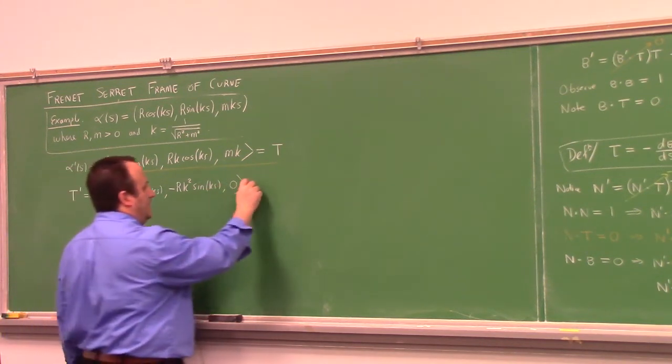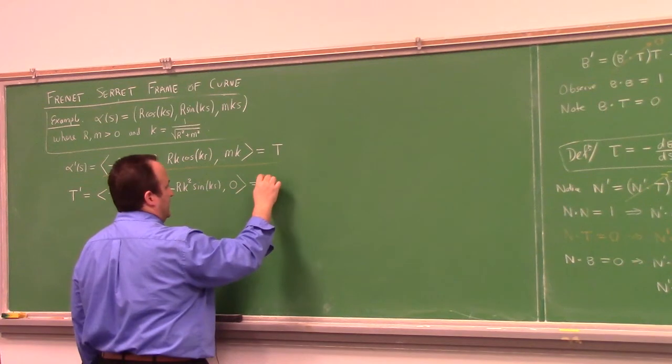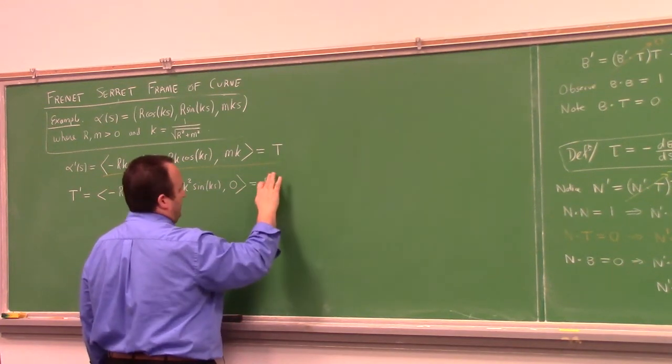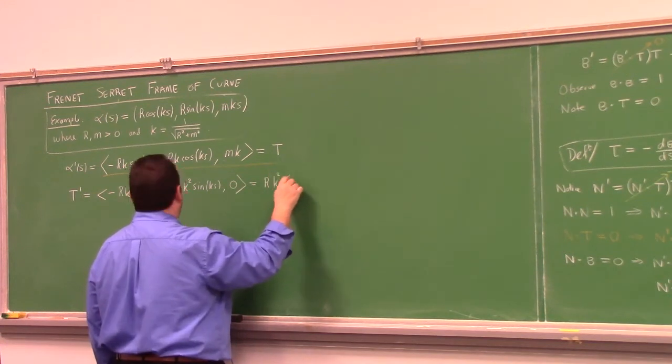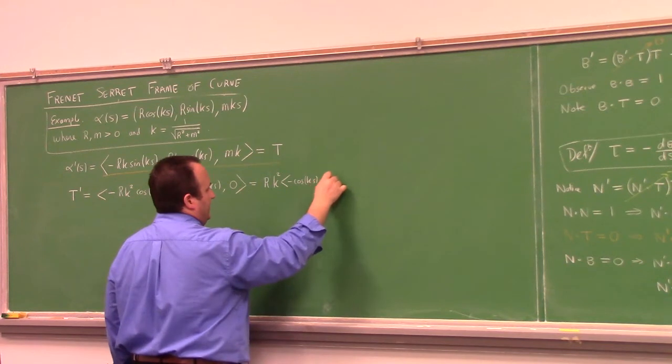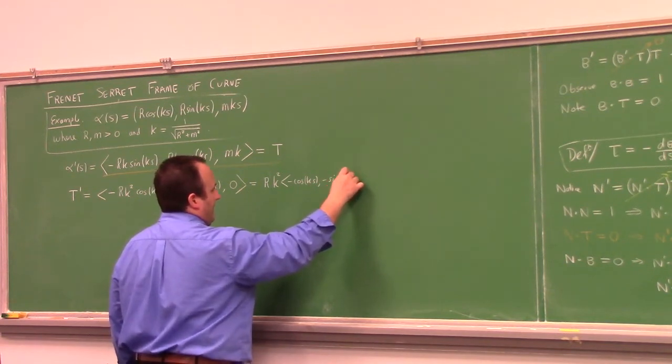Now, I would point out that you can write that as r k squared times the vector minus cosine, minus sine, 0.